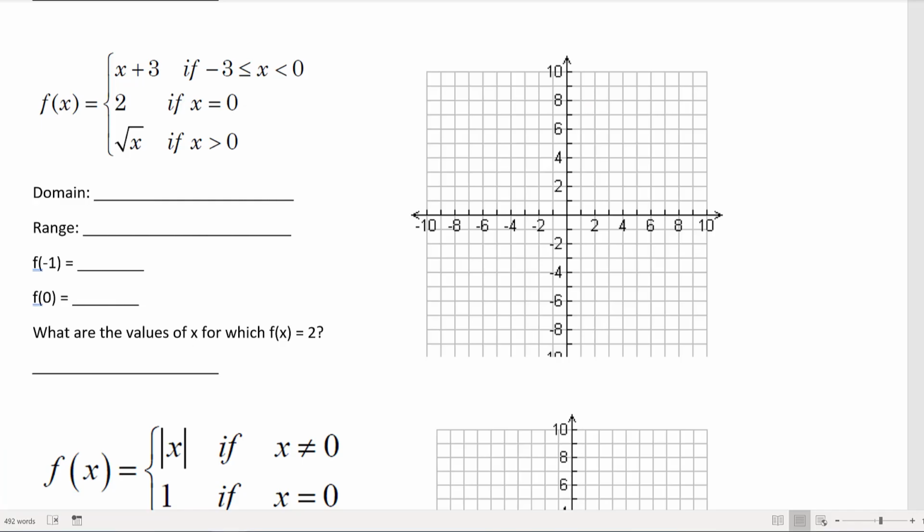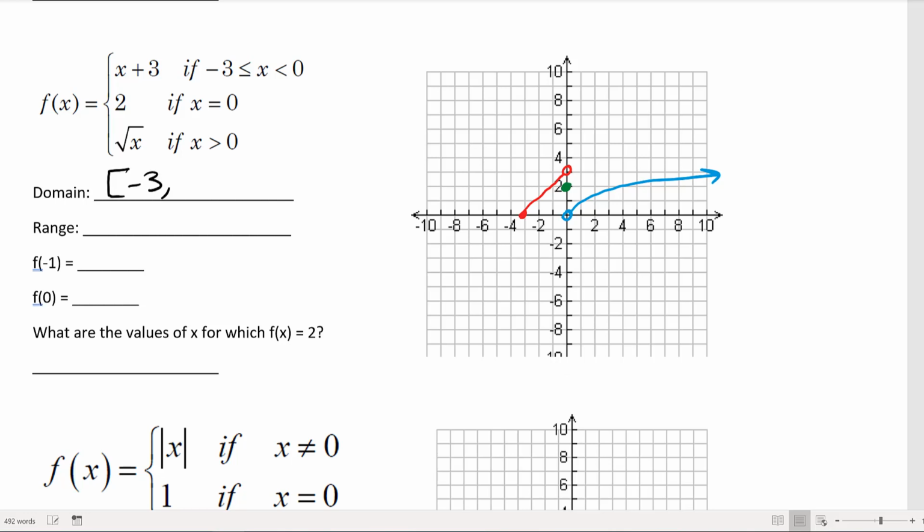I'm going to pop over here and go ahead and graph that for you. So at -3 in my red function, I have a closed dot all the way up to the open dot right here. In the blue, I have (0, 2), and in the green, it was the open circle at (0, 0), and then that square root. So my domain for this problem starts at -3.